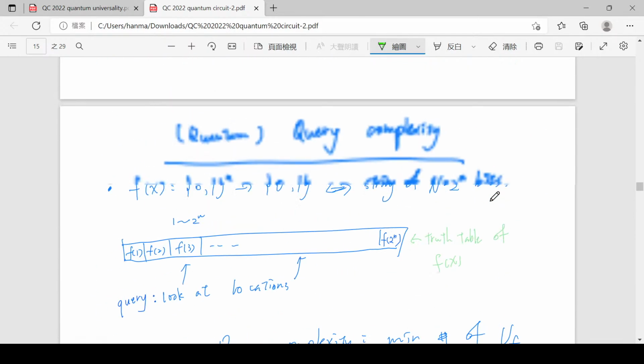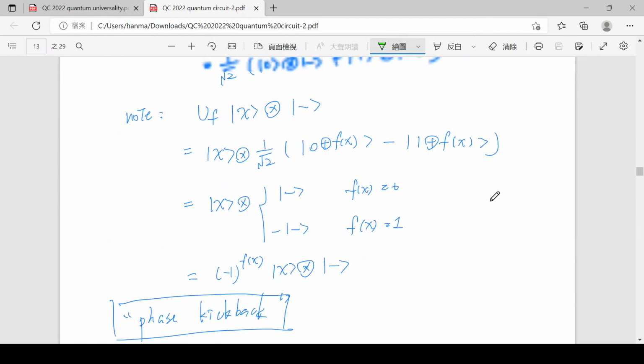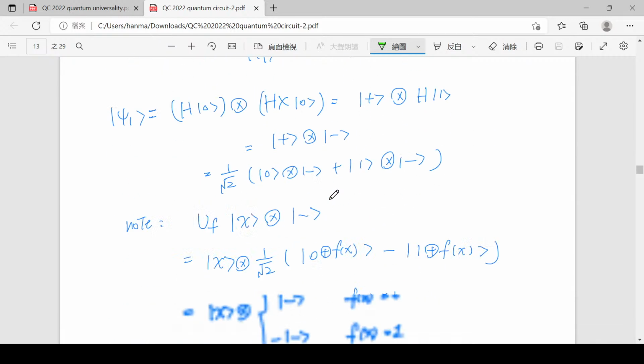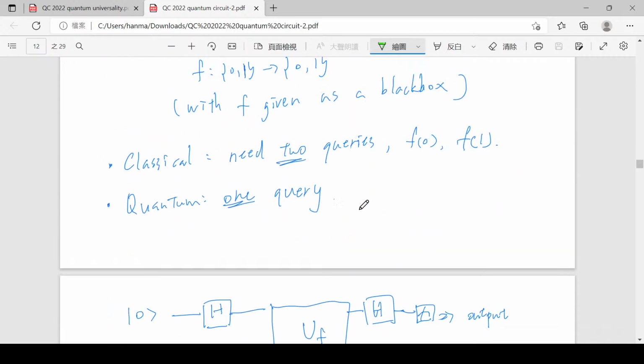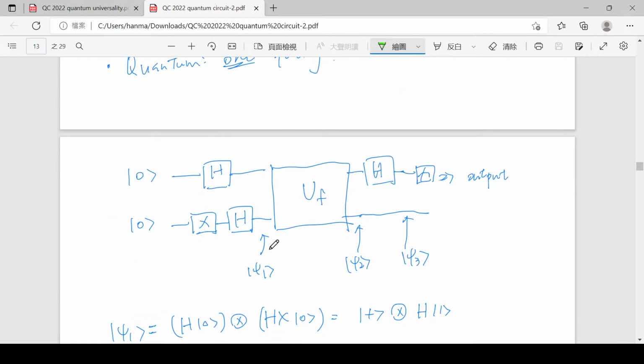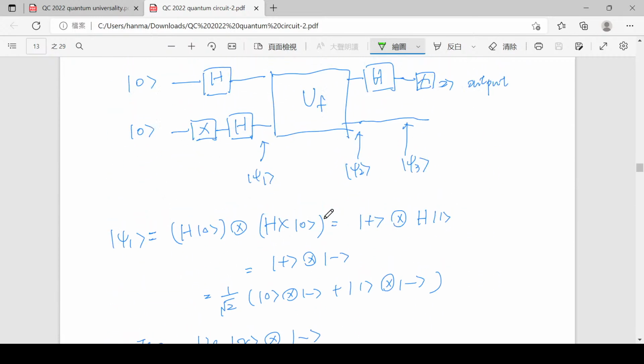So we start with the easiest example, Deutsch's algorithm, where you just put a superposition of 0 and 1 in your input, and you are able to learn f(0) plus f(1) in just one query. And here we introduce a very important trick, that is phase kickback.